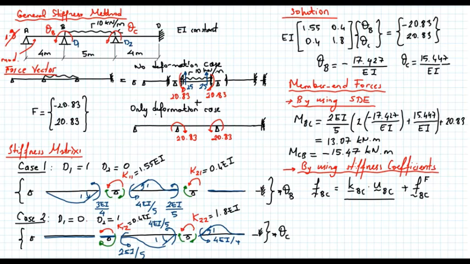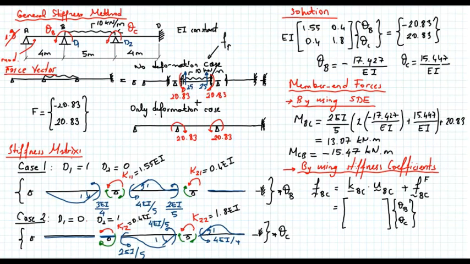So let's write down the stiffness coefficients. KBC, I will just write in matrix form. And the member end displacements are as follows. I have theta B and theta C here. This is for member BC. And for the fixed end moments, I will use this free body diagram.